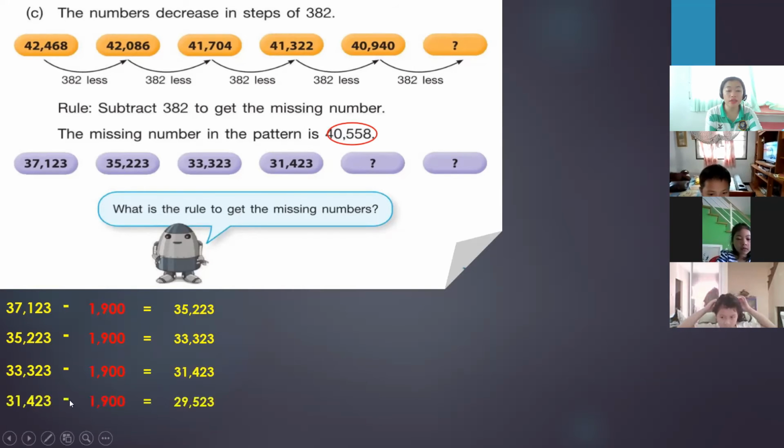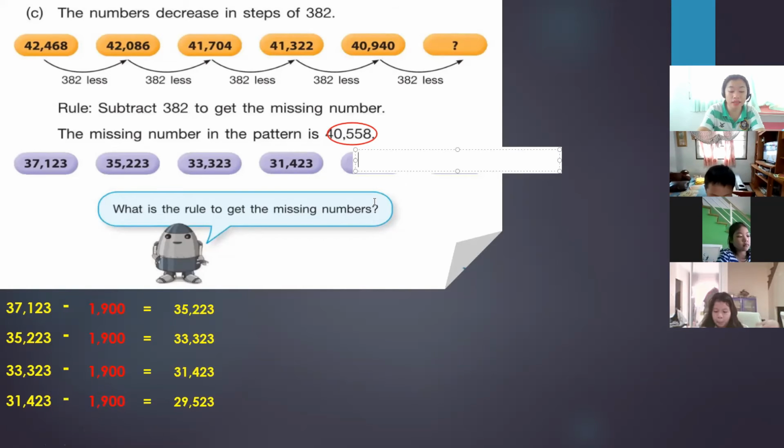Then 31,423 minus 1,900 is equal to 29,523. So the missing number here is 29,523.